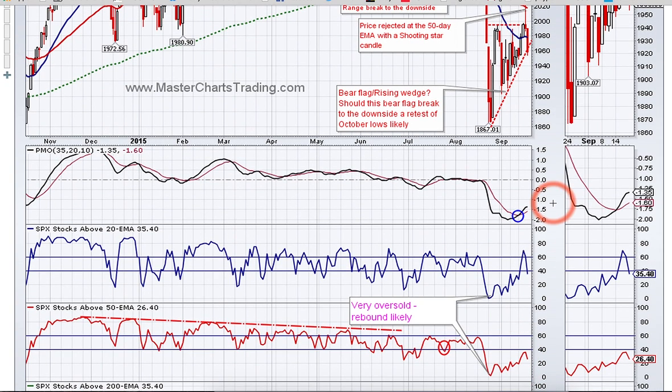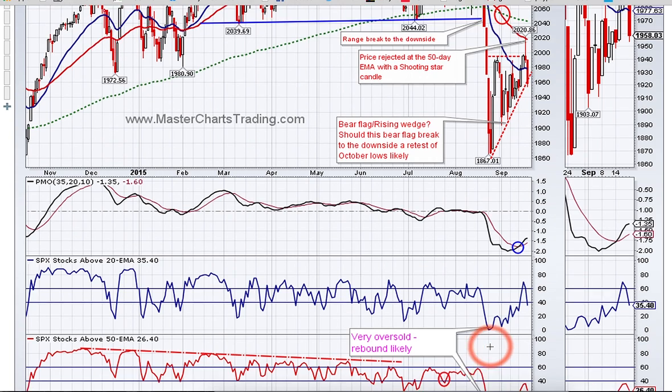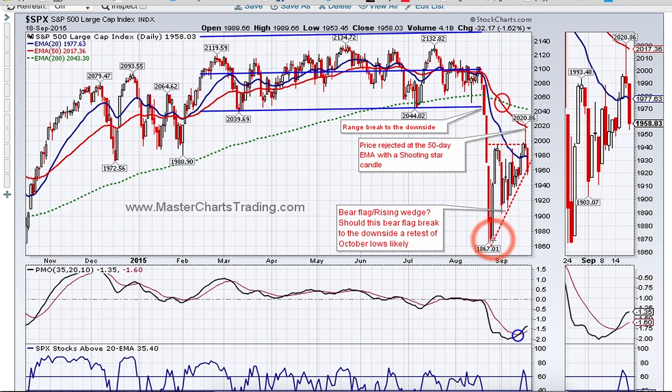Even though the price was very oversold, and I mentioned that a rebound was likely here, it indeed occurred. So if you, for some reason, were lucky enough to buy here and exit right here at the top, this is about an 8% gain. Of course, it's very difficult to do unless you're doing maybe 30-minute trading or something like that.